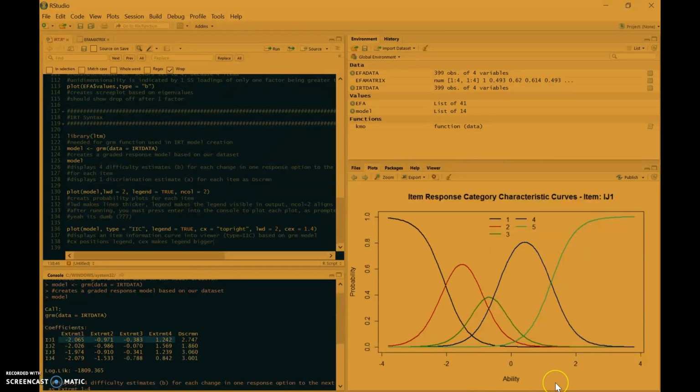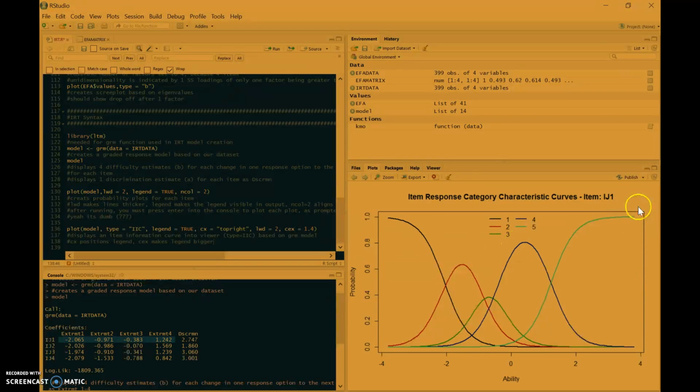It's all about probability. I'm not sure if that was clear, but it's all about the theta space. When someone is at 0 theta, the middling theta space, they're most likely to respond with a 4 for this item 1, at 80% probability.